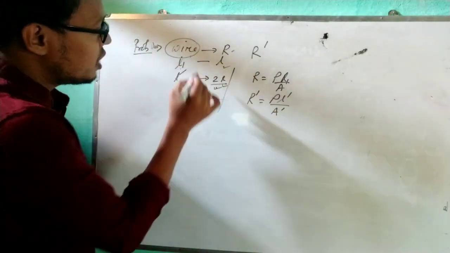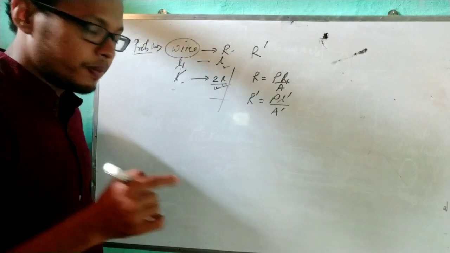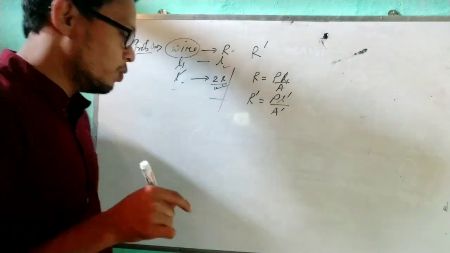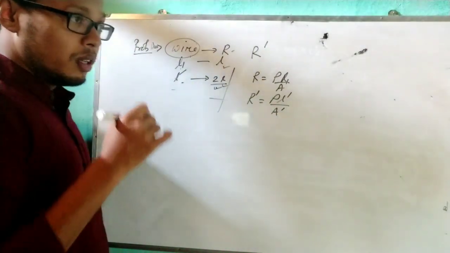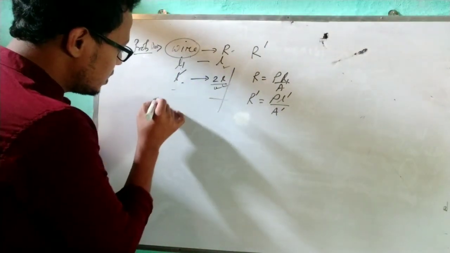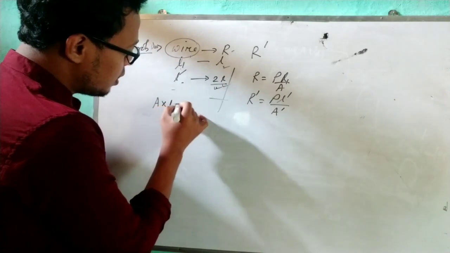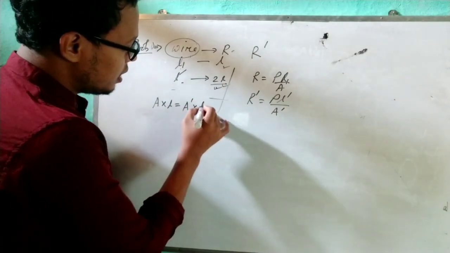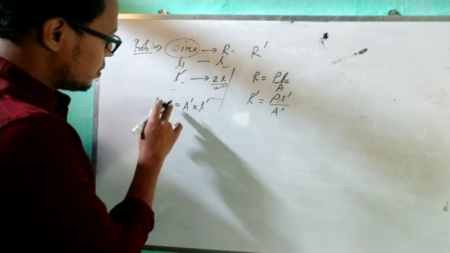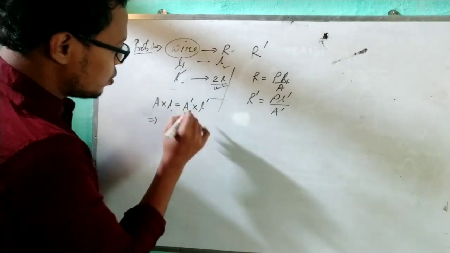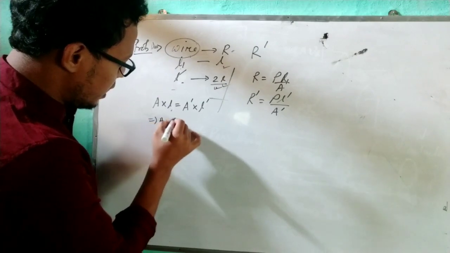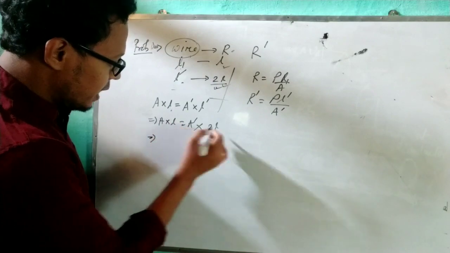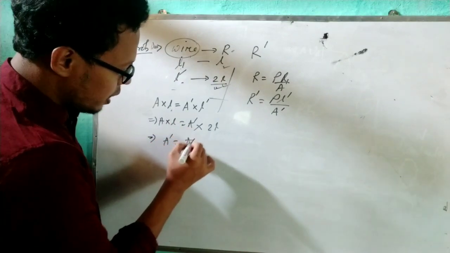Now when the wire is stretched, one term will remain constant, that is the volume. Volume is area into length. So the initial area A and initial length L give A times L equals A dashed times L dashed, which is twice L. So L cancels, and A dashed equals A by 2.